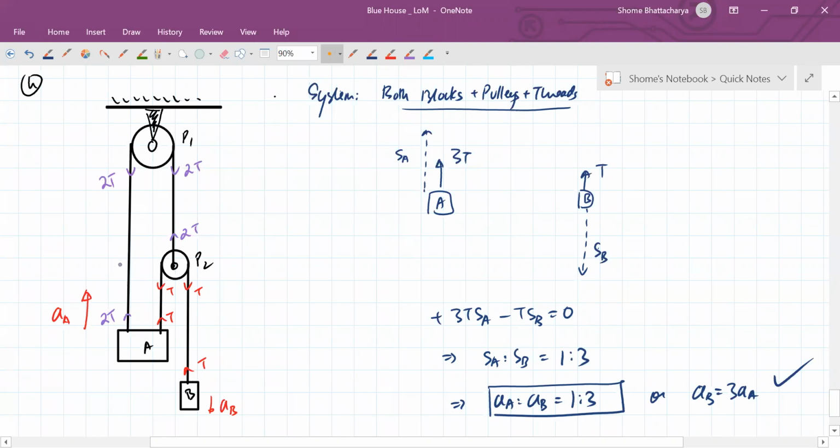So particularly in a system where there are multiple threads and it's a little difficult to use the conservation of thread length, it's a bit lengthy. Okay, the virtual work method becomes very useful.